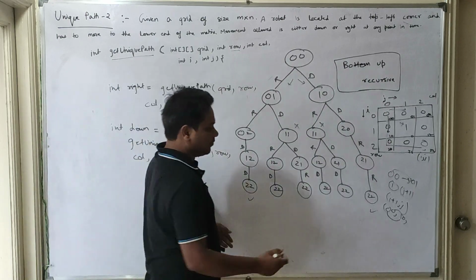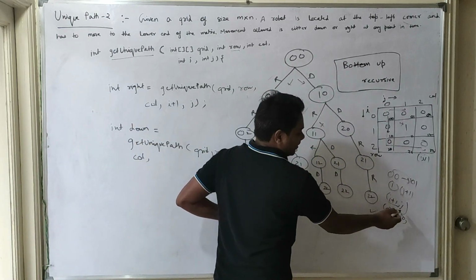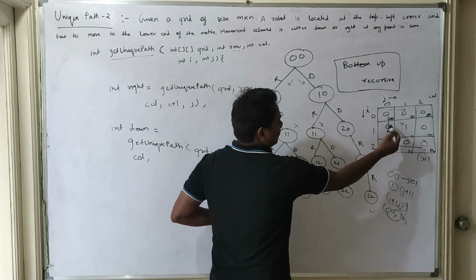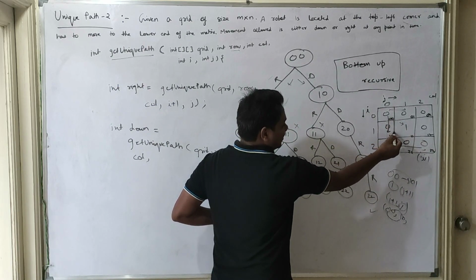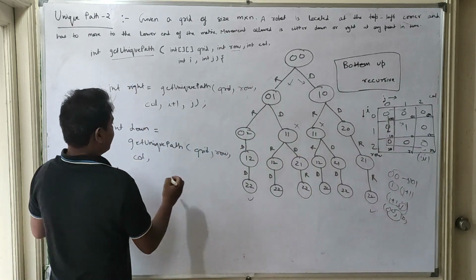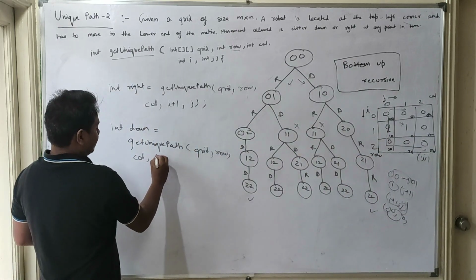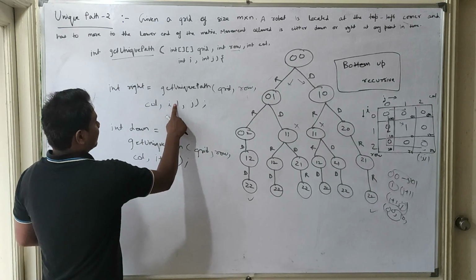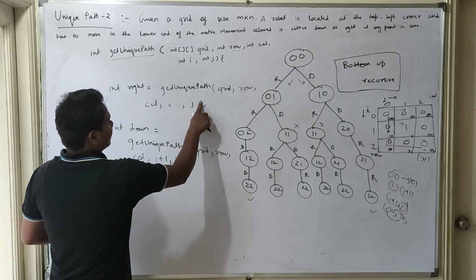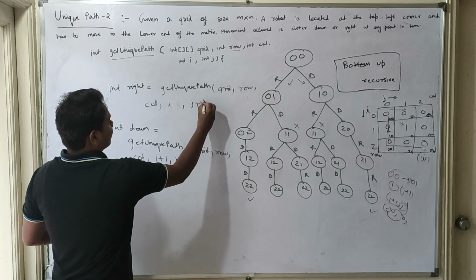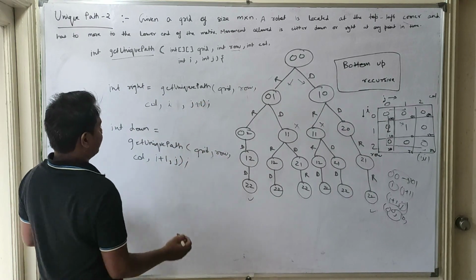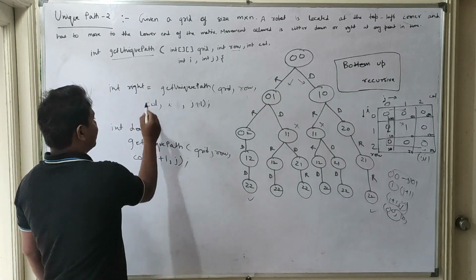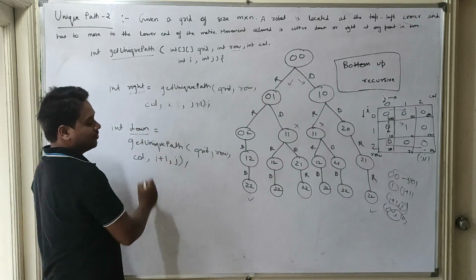Now if we are moving down, then i will get incremented and j will remain constant because we are moving from 0 0 to 1 0. Here j will get incremented. Now in order to move right, this is the solution, and in order to move down, this is the solution.